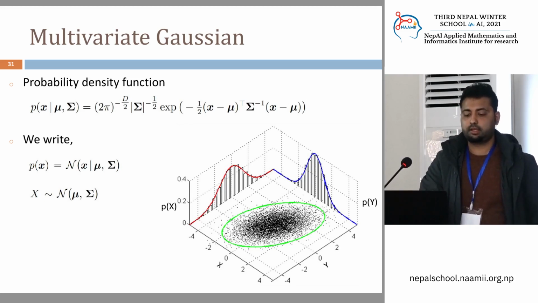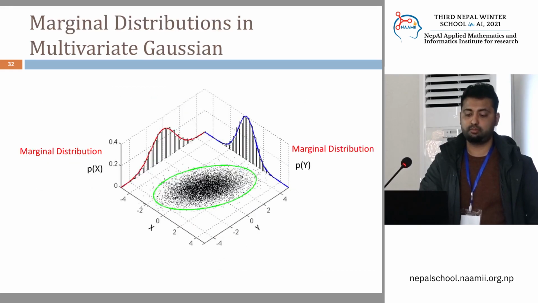The interesting thing is that in the exponent we have a quadratic term. This is usually written in this form: N means the normal distribution of x with mean mu and covariance sigma. It is also written, if you look at this, big X is a random variable, so you write that random variable x follows a Gaussian distribution with mean mu and covariance sigma.